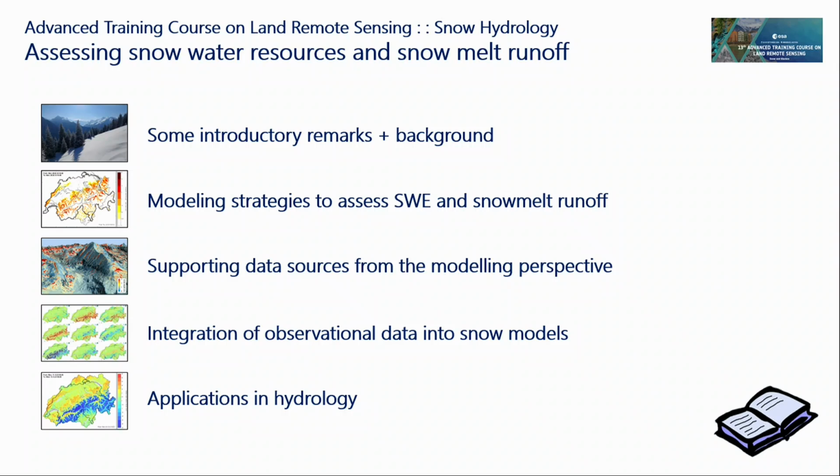I want to give you some background, some introductory remarks, and then we shall discuss a couple of modeling strategies for snow water equivalent and snow melt runoff. And then we go through individual remote sensing products and supporting data sources. And again, I'm taking the perspective of a model, and I will discuss with you how I see those data if I was a model or if I was tasked to run a model with this data.